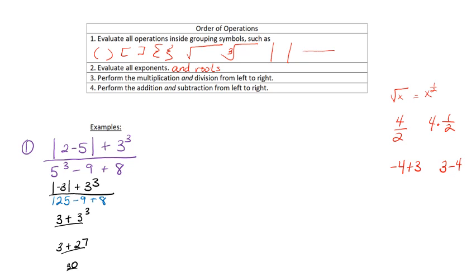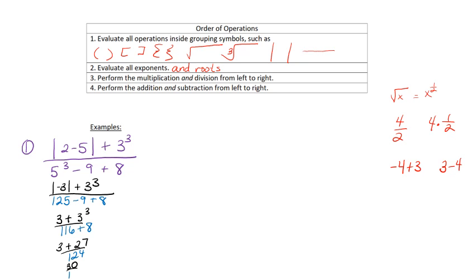We can and should do the subtraction before the addition, no matter what that icky word says. That word, that horrible word. All right, 125 minus 9 is 116, plus 8. Let's see, 116 plus 8 would be 124.